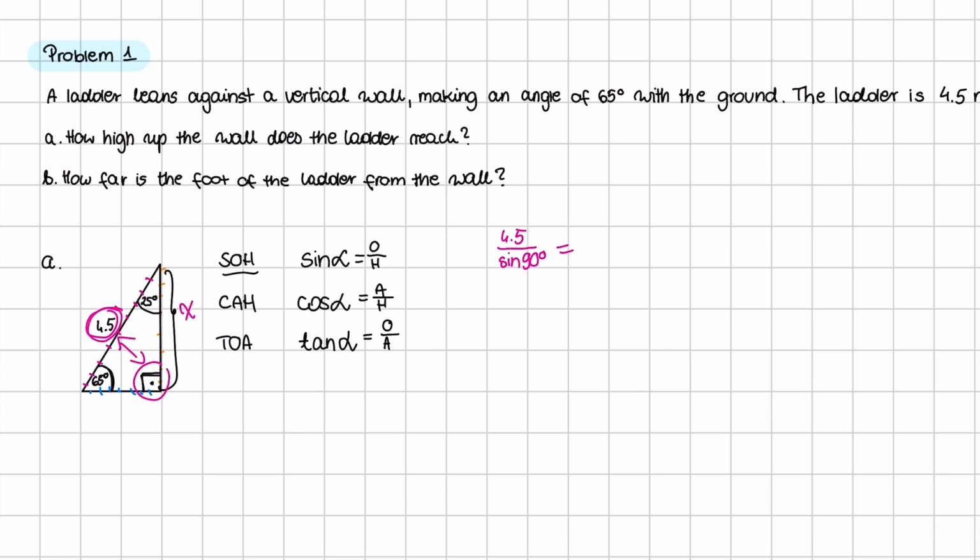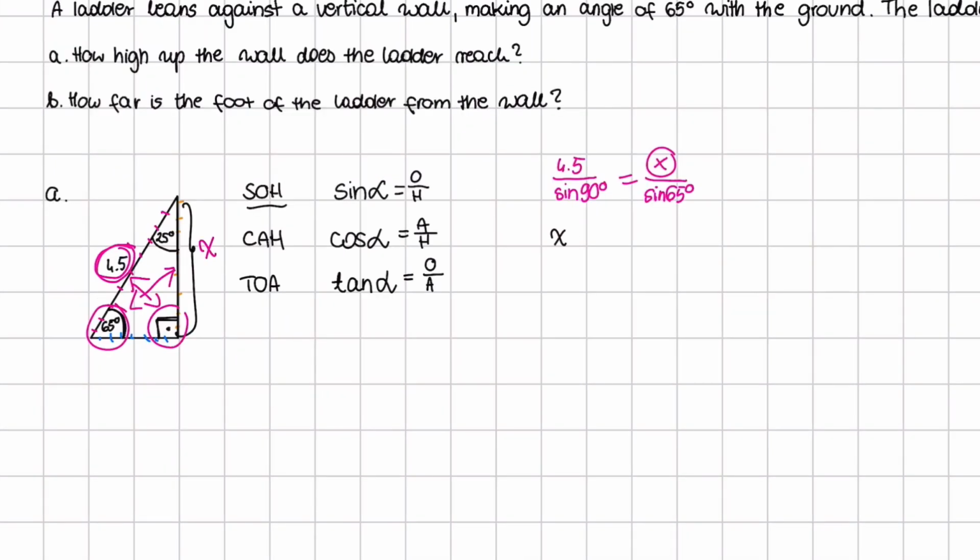So here we have x because we don't know this length, over sine of this angle, so sine 65 degrees. And now we can simply type it into the solver and find x. Our answer is 4.08, and of course meters.